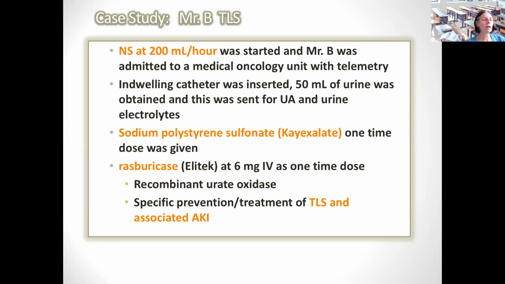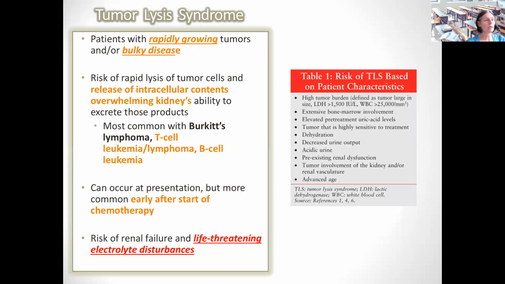And then the other drug that we started this patient on was rasburicase, which is a quick acting decreasing uric acid level. Okay, so when a patient has acute kidney injury with high uric acid levels and tumor lysis syndrome, we will change them from their allopurinol to the rasburicase, Elitek. Great at treating tumor lysis syndrome.